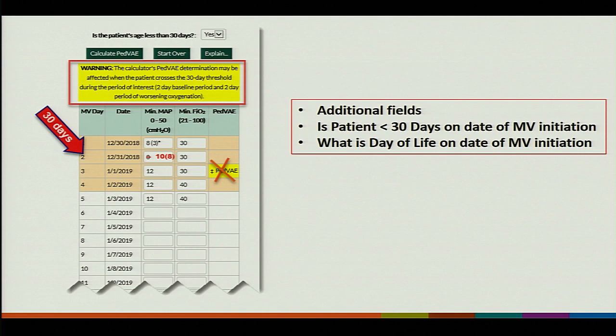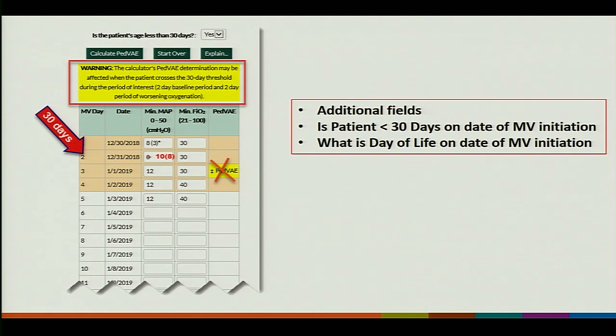So just a little reminder, if you're using the calculator now, we will be adjusting that to ask a couple of other additional fields. We'll ask, is the patient less than 30 days on the date of mechanical ventilation initiation? And if the answer to that is yes, then there'll be a second field that will ask you the day of life of the patient on the date of mechanical ventilation.